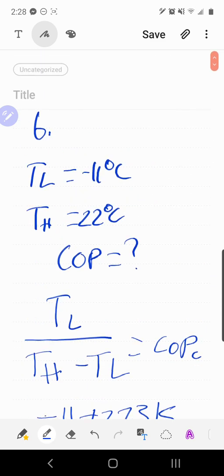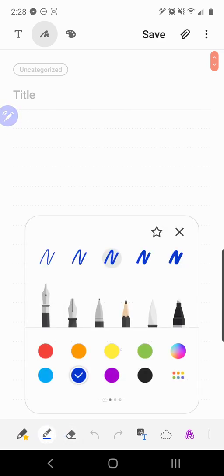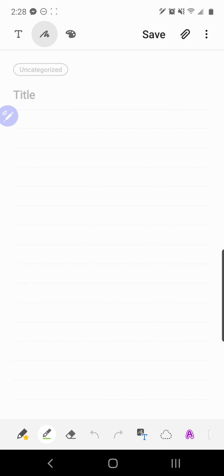Okay, then let us move to our last problem here, number 7. Problem number 7 is another Otto cycle. What are the processes in an ideal Otto combustion cycle?